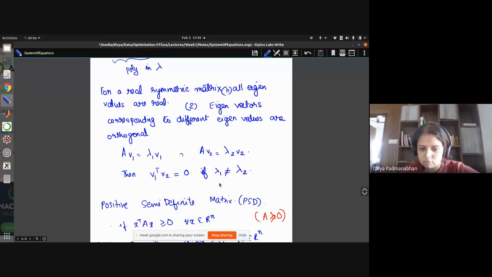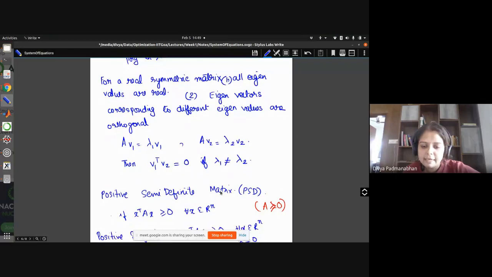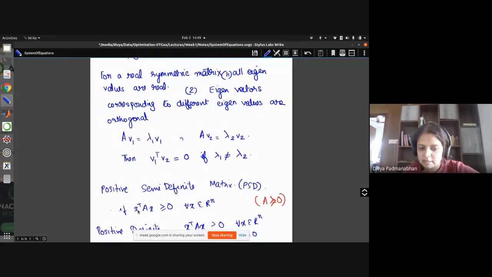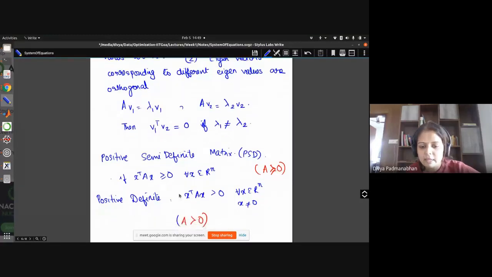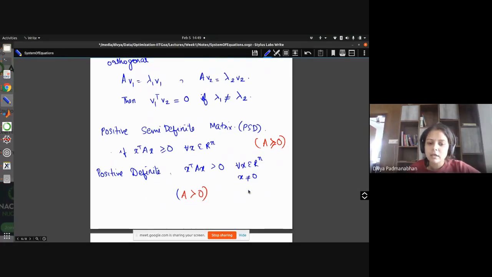This is actually a quadratic form, and it is always going to take a value greater than or equal to 0. Then you have positive definite, if x transpose A x is strictly greater than 0 for every x other than the 0 vector. And of course, you have negative semi-definite and negative definite matrices. And you could have matrices which are neither of these.